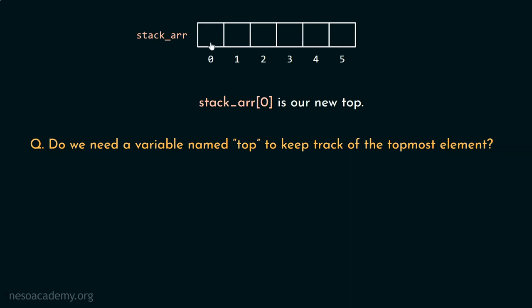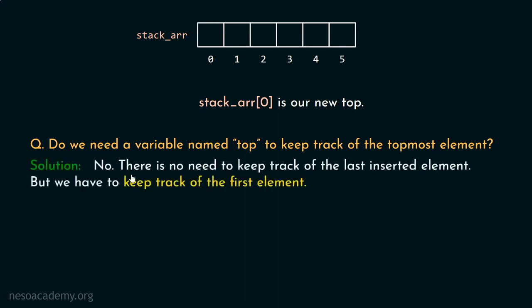Therefore, in my opinion, there is no need to keep a top variable because we already know the index of the topmost element. It will always be this value 0. There is no need to keep track of the last inserted element, but we have to keep track of the first inserted element. Isn't that so? We always have to keep track of the first element instead. This is a completely different story.